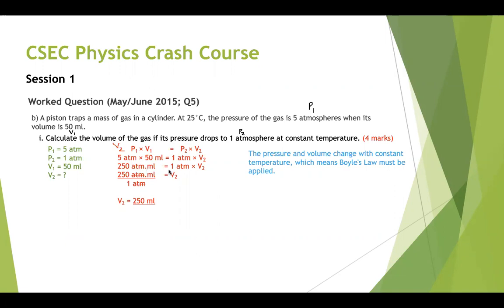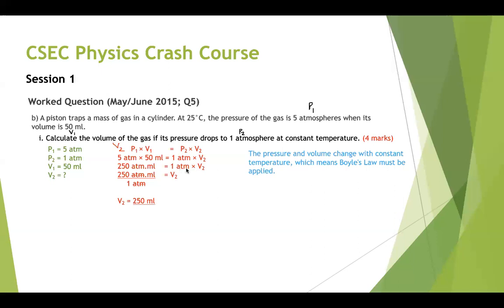All right. Yes, miss. All right. Now on the right side of the equation, we can't simplify this any further because V2 is unknown. So we just apply some mathematics here, where what we have is a product between 1 atmosphere and V2. So if we want to make V2 the subject, or to find the value of V2, we have to use the inverse operation, which is division.